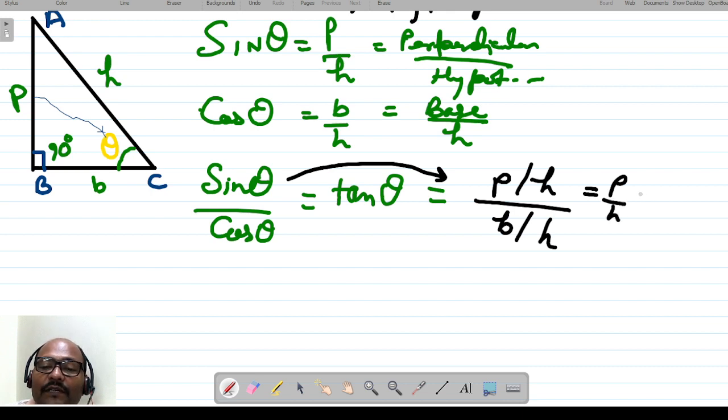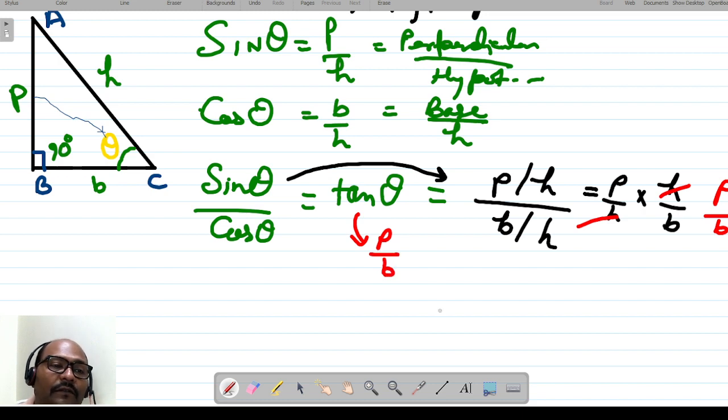We can write it P by H into H by B, and here we can cancel H, and we will get in the answer P by B. So this tan theta is equal to P by B, right?